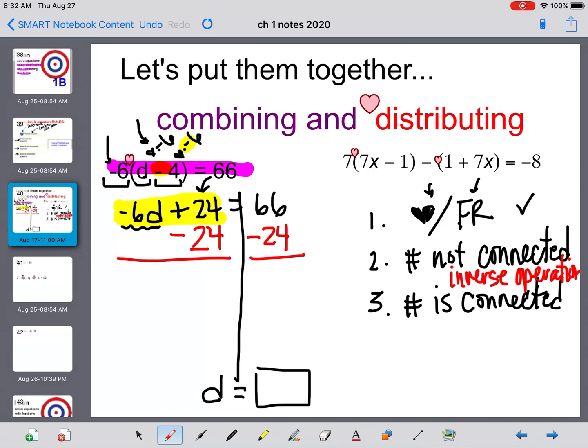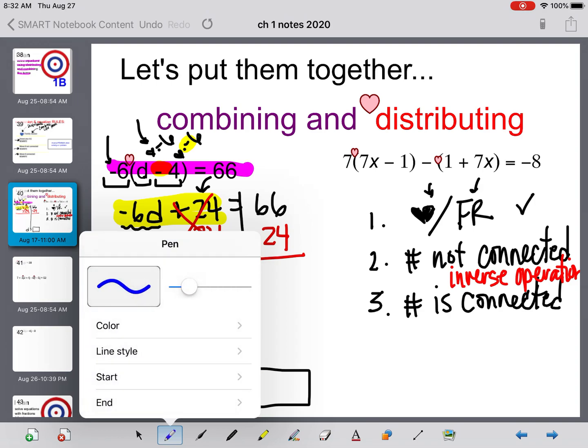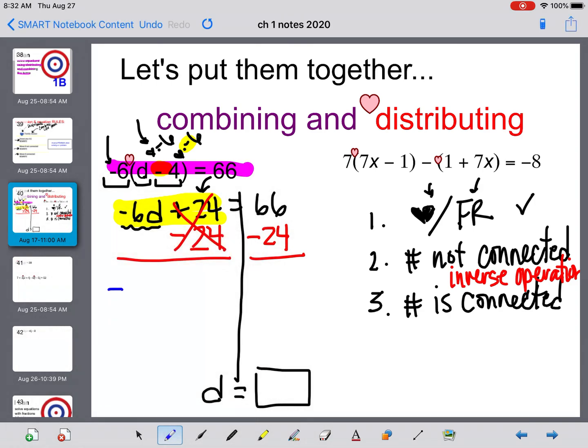Okay, so when I do that, I end up with a positive 24 minus 24, and that goes to 0. So that's going to go away because if I add 0 to negative 6D, then all I have is negative 6D. So what I have left over here is negative 6D. And on this side, I have 42.